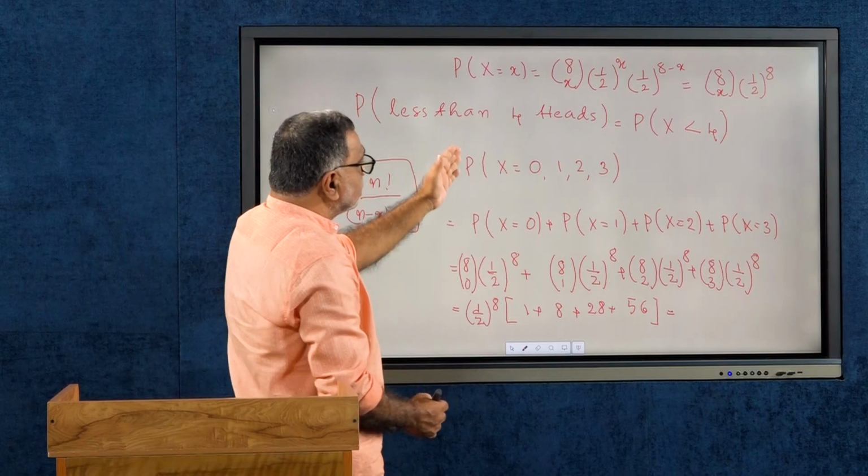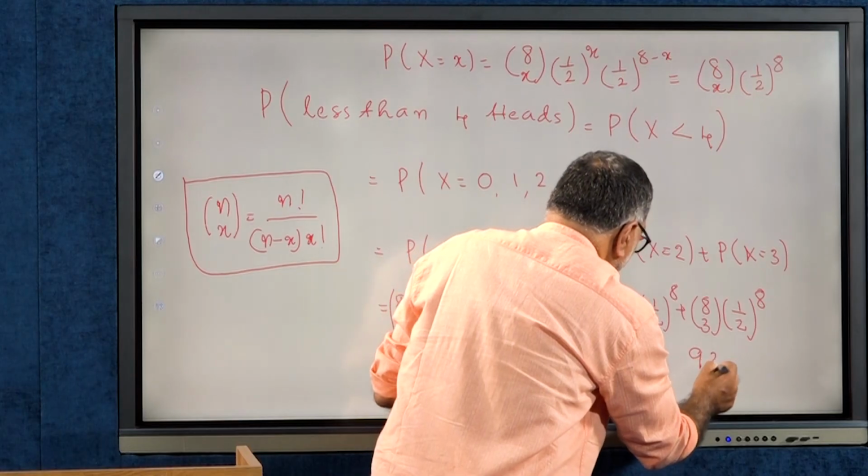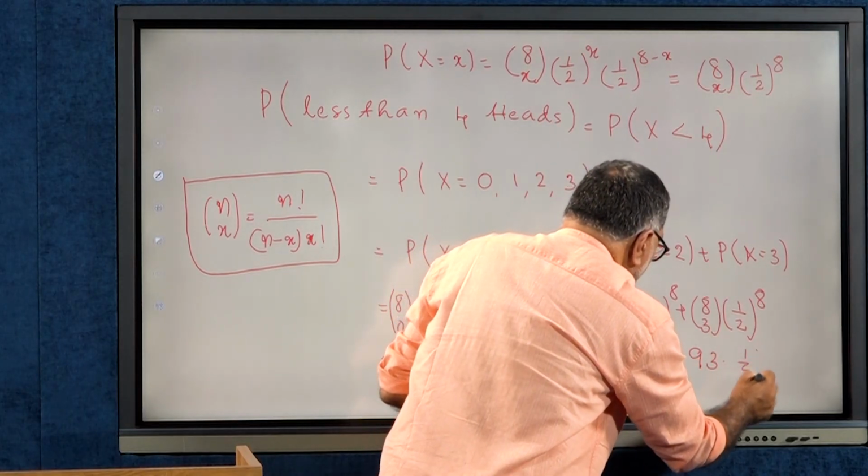So, this is the value of this probability of getting less than 4 heads, that is 93 into (1/2)^8.